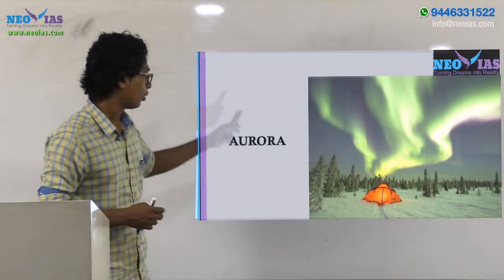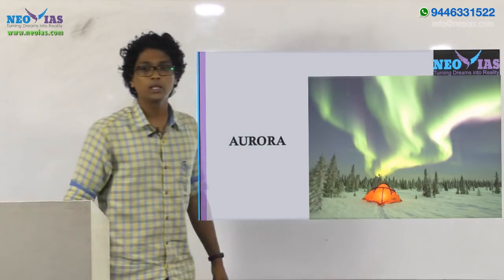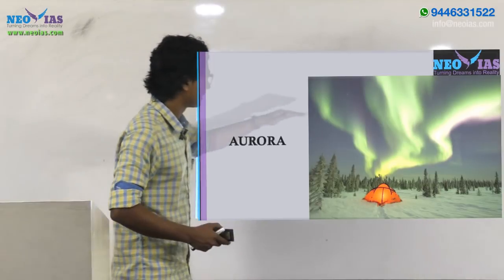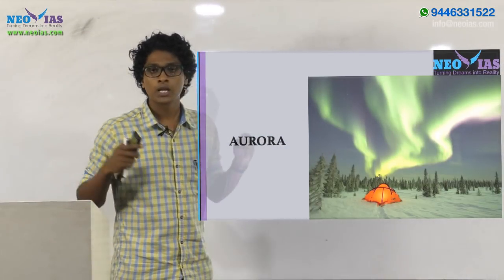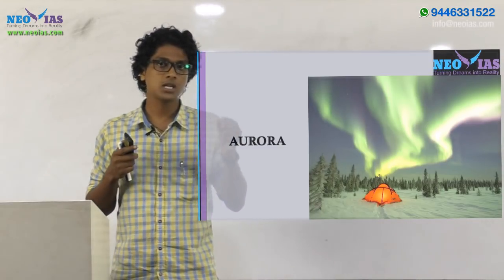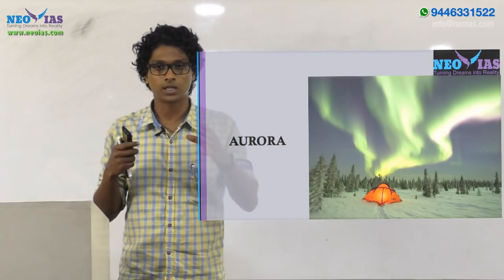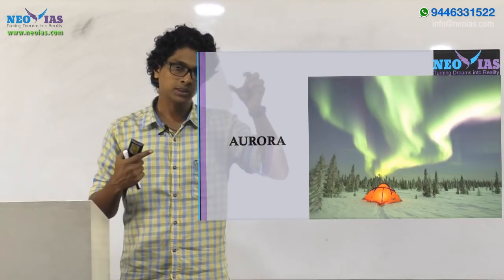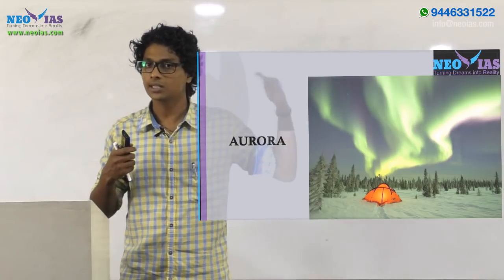First of all, aurora means that we see the sky at the northern magnetic pole and the southern magnetic pole in different colors, like green or red or violet. The reason is the solar wind, in the sense the charged particles coming from the sun. When these charged particles come towards the Earth, the Earth's magnetic field, which we call the magnetosphere, deflects this solar wind, or charged particles.